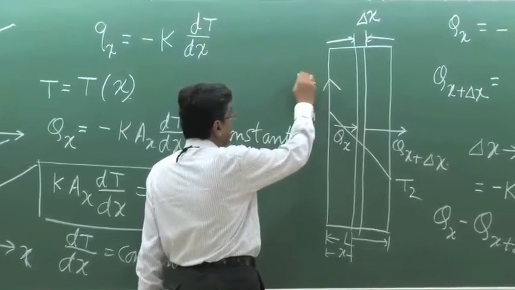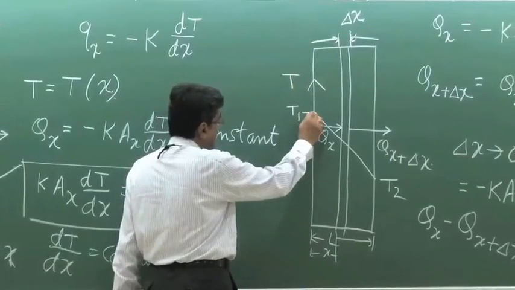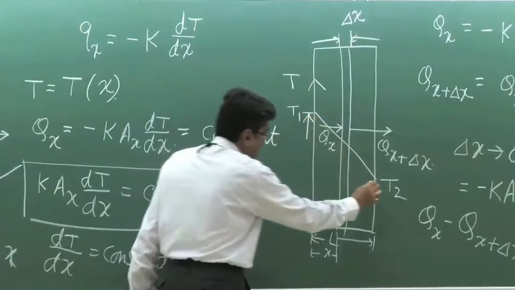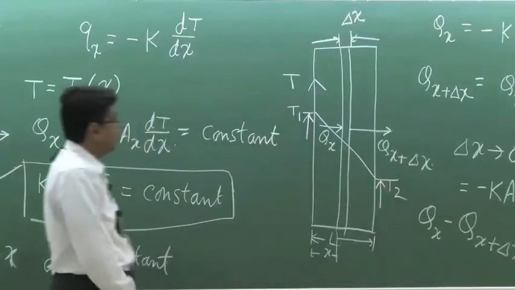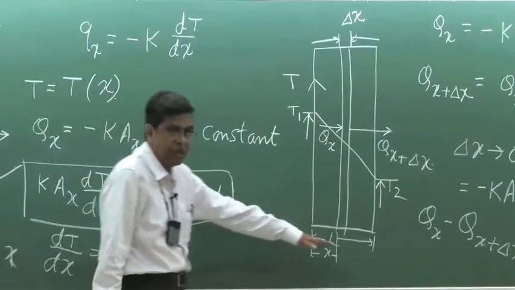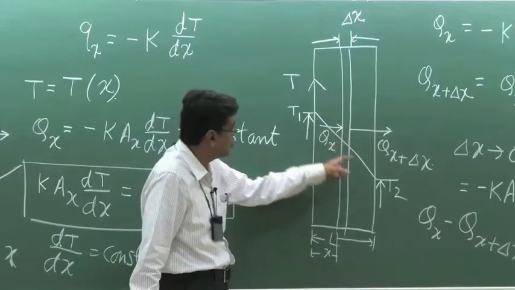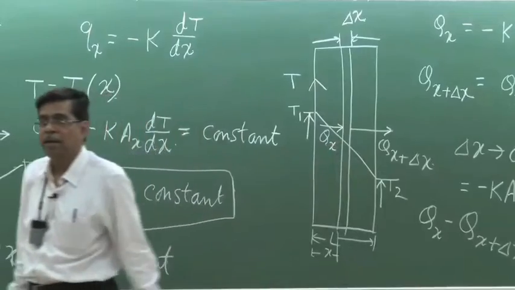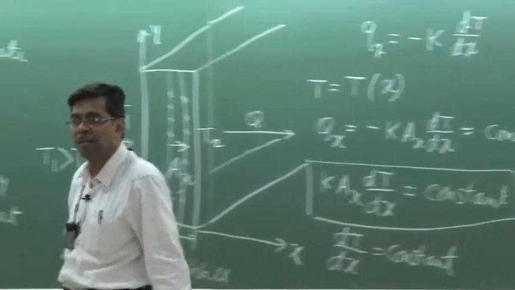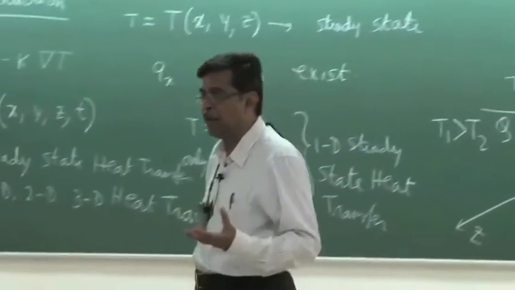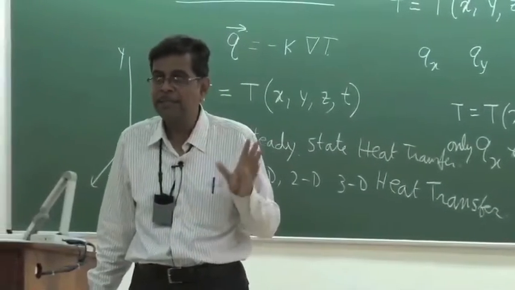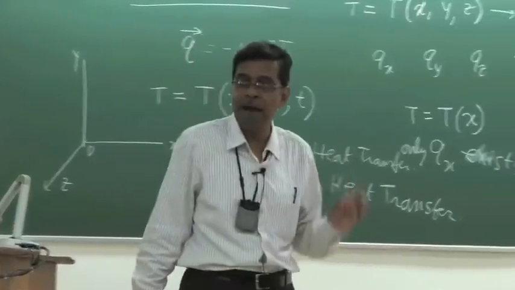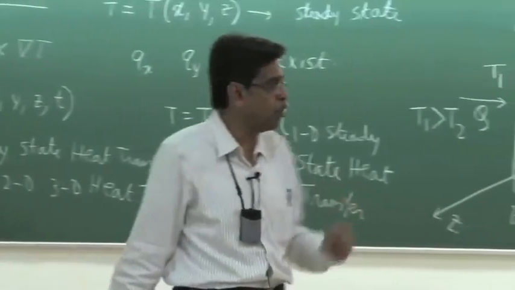If you show the temperature scale here, this is T1 and this is T2 from any reference datum. So, we get a linear profile, the slope of which will depend upon the thermal conductivity. Okay? This is clear when we have a linear temperature profile.